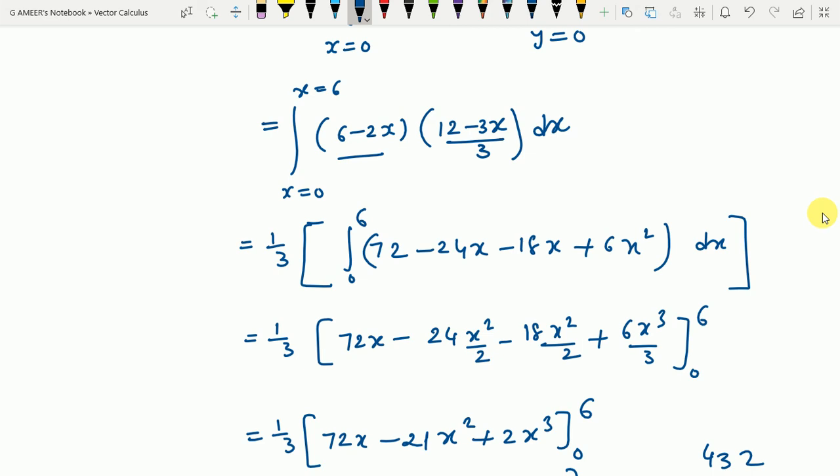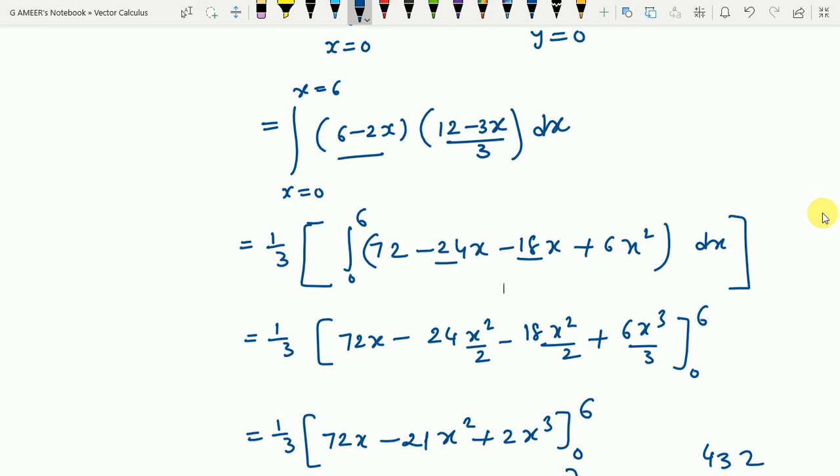Then 2 into 12, that is 24x, minus minus plus 3 into 2, that is 6x square. Then when I have here 24 and 18, 42. So when I integrate, I'll get 72x minus 24x square by 2 minus x square by 2, x cube by 3, 6x cube by 3.